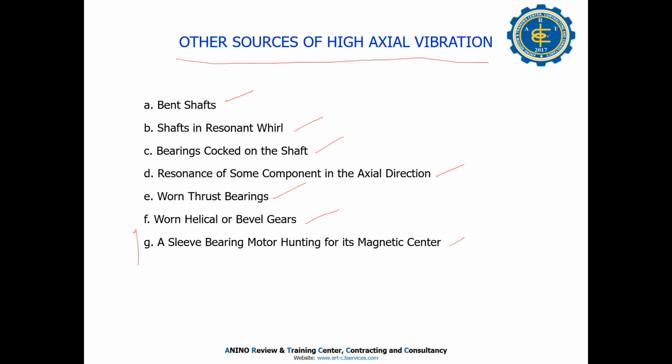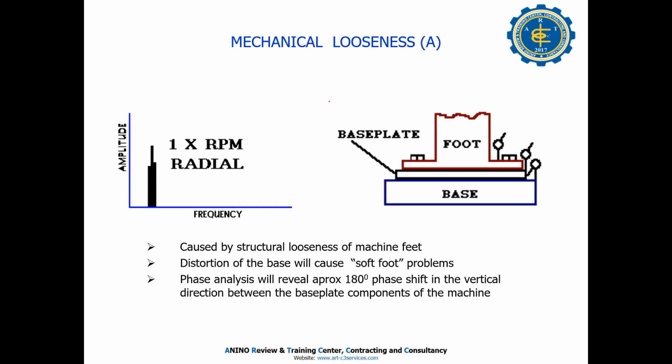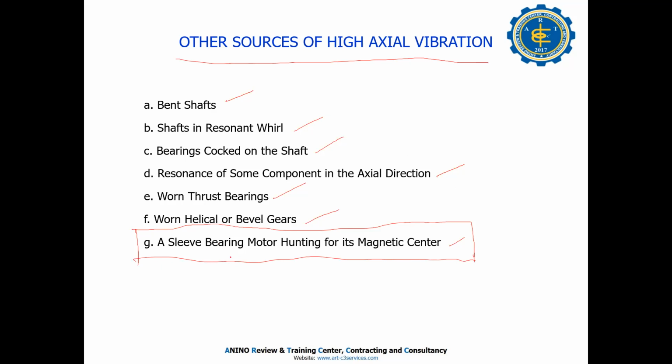This magnetic center, you know, right, for the electrical side? You know the magnetic center of the bearing in a motor? Okay, I will tell you. This is a motor, this is the shaft, and this is the flange of the electric motor.